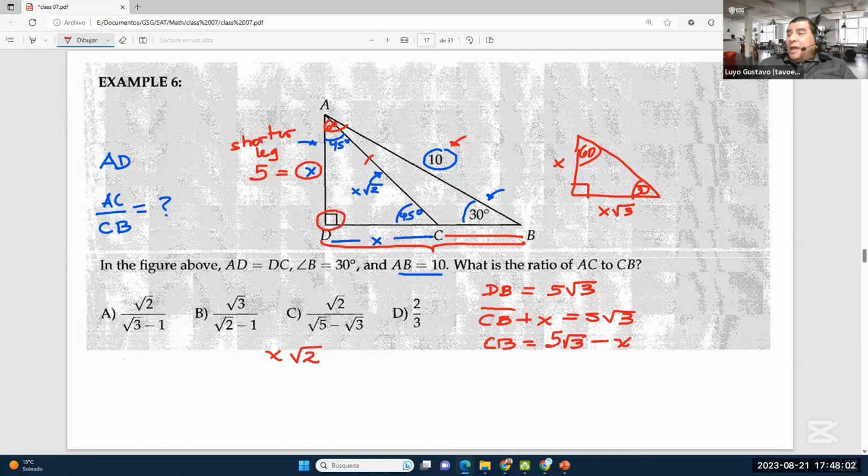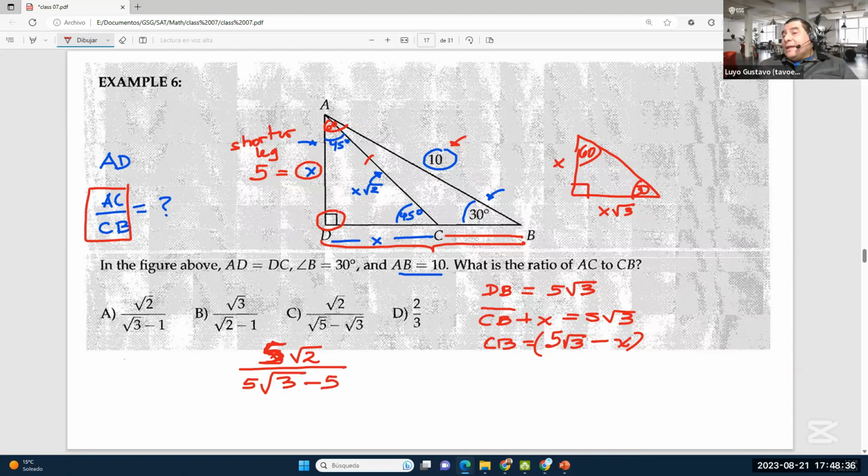Okay? So now, if we substitute this expression here, we are forming this quotient, AC, which we know is X times the square root of 2, or we can now write it directly, right? Because it's 5 times the square root of 2, okay? And divided by CB, which is 5 times the square root of 3 minus 5.